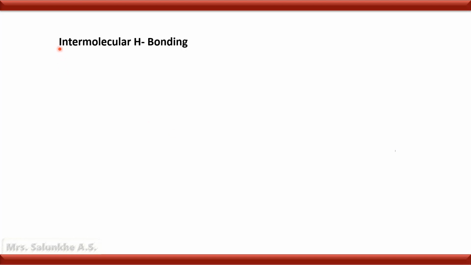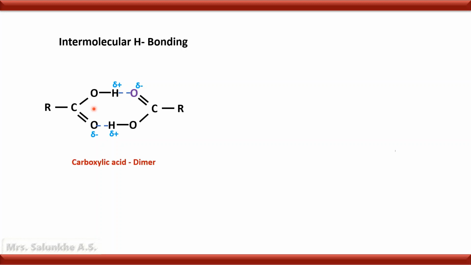There are two types of hydrogen bonding: intermolecular hydrogen bonding and intramolecular hydrogen bonding. In the case of intermolecular hydrogen bonding, there is hydrogen bonding between two molecules of a compound. For example, this is a dimer of carboxylic acid.